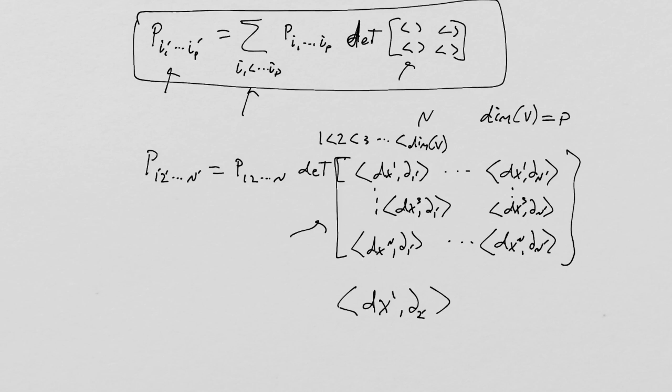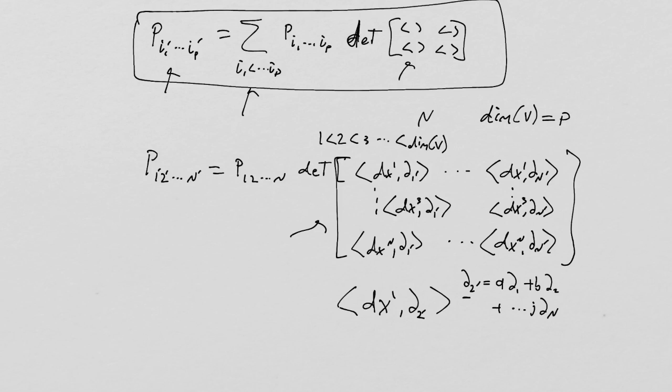Let's work it out. Let's pretend partial 2 prime equals A partial 1 plus B partial 2 plus dot dot dot, and we'll call the last one J partial N, just a bunch of letters times each of the partials.